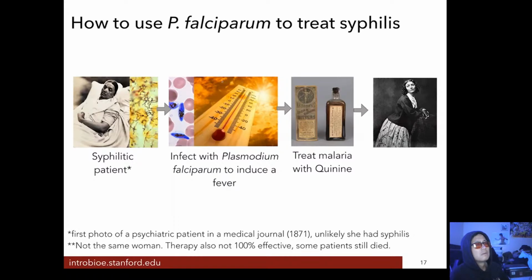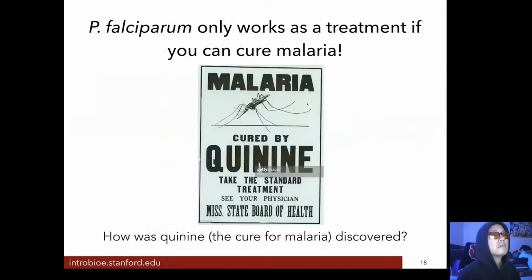And so the only reason why this was a viable treatment approach was because a cure for malaria already existed. There was something called quinine that was being used to treat malaria. And so once the patients spiked a fever that cured them of syphilis, he would administer quinine and cure the patient's malaria too.